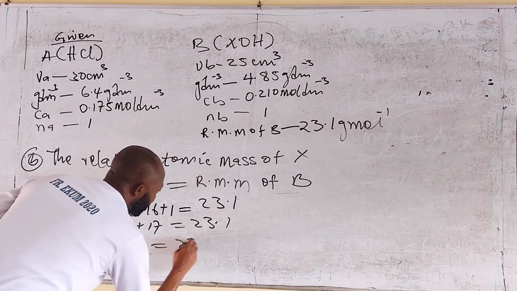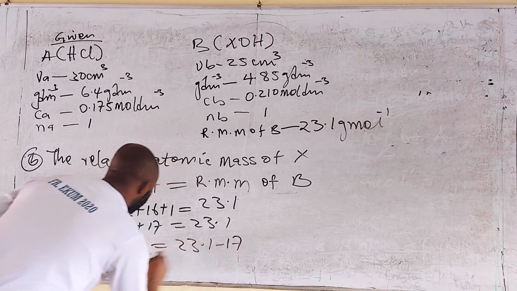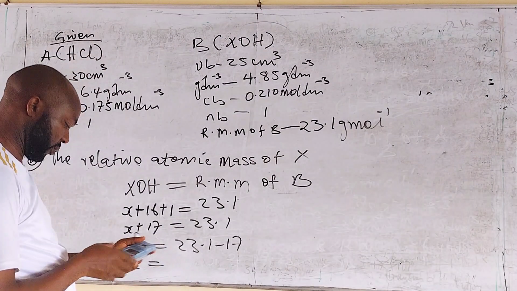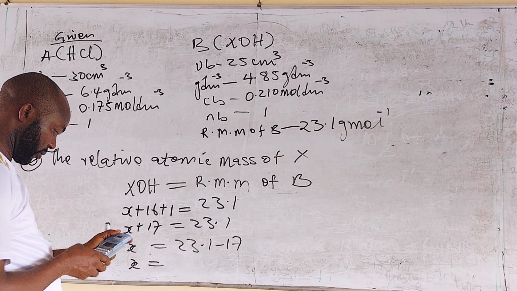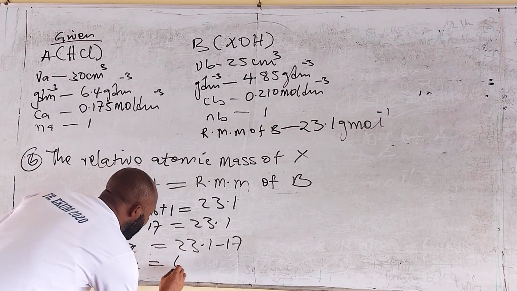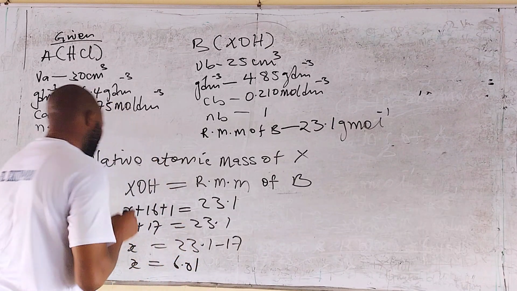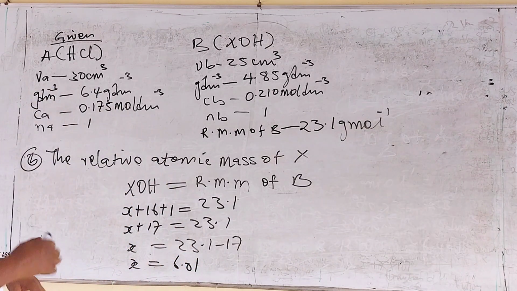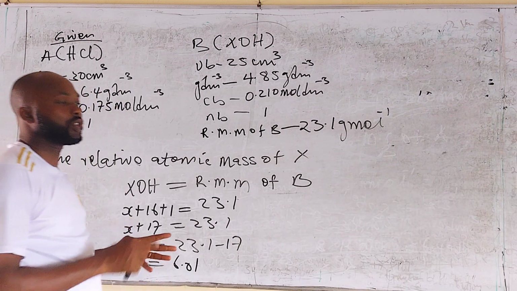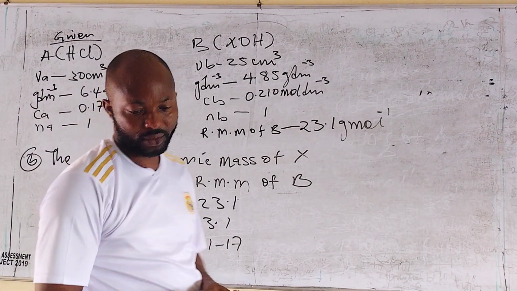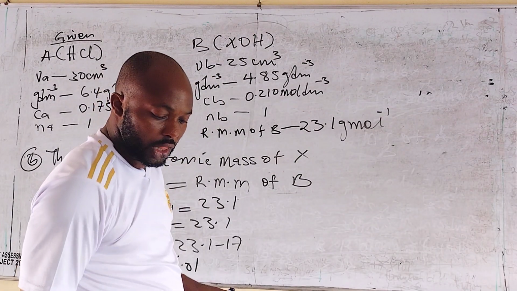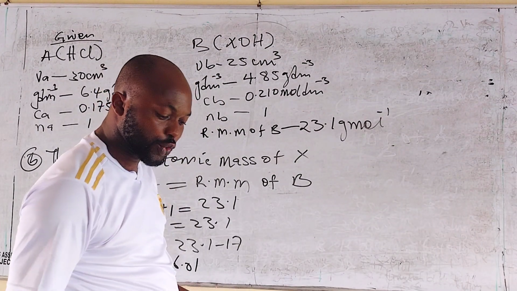X is equal to 23.1 minus 17, and X is equal to 6.01. So the element in the periodic table that has an atomic mass of 6, hydrogen, helium, lithium, is lithium.